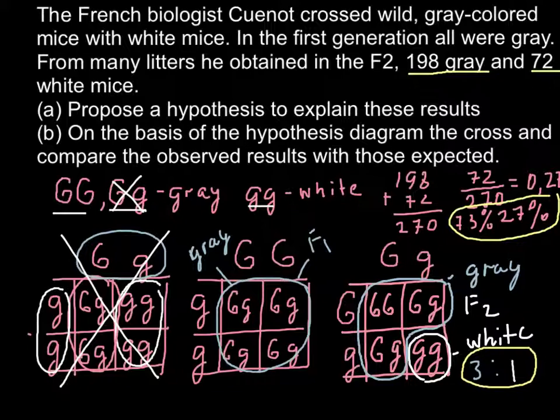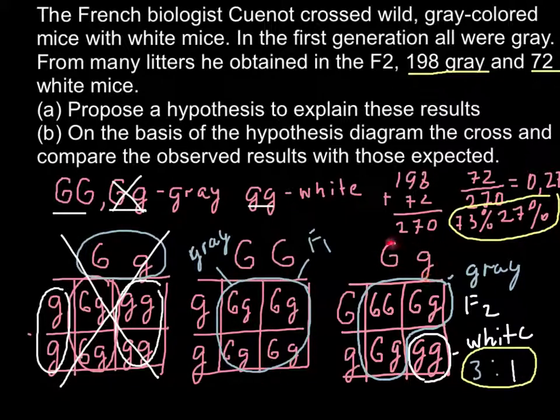So as you see, in our first generation we have all gray according to our problem. So that means that there are only two possible genotypes for the parents, homozygous dominant for the gray color and homozygous recessive for the white color, and all the progeny would be gray.